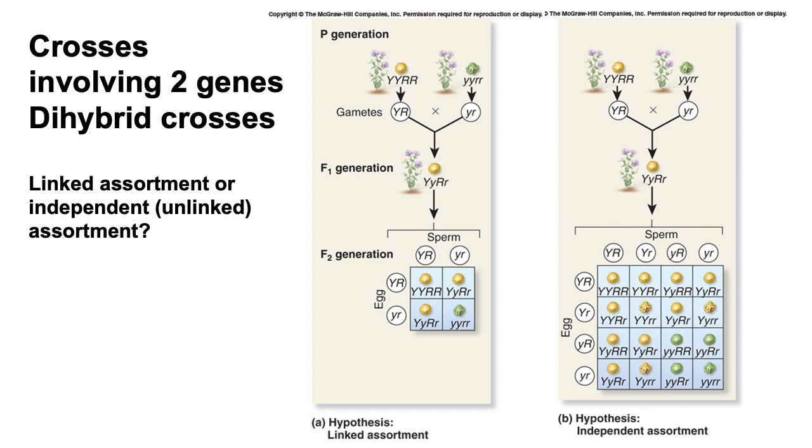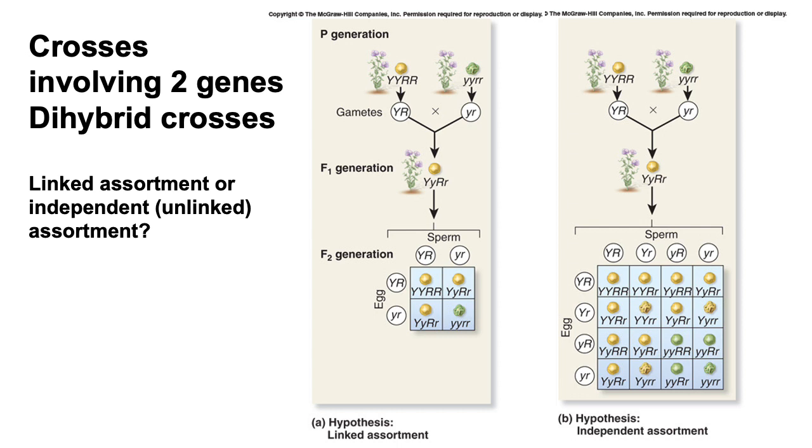And if you think about this, there are a couple of different hypotheses that could be tested in this particular case. So if we have two pure breeding plants at the top in the P generation, and their genotypes are shown there, during meiosis in the formation of the gametes, we have the two dominant alleles, because that's all there is in one of the parents, and the two recessive alleles, because that's all there is in the other parent, coming together at fertilization to form the doubly heterozygous organism in the F1.